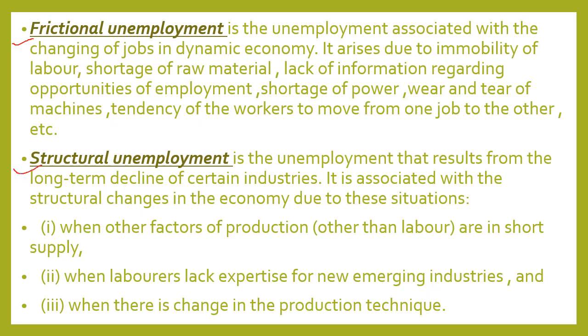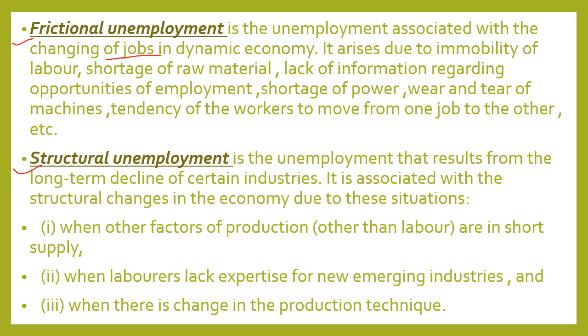Now, what is frictional unemployment? This is the unemployment associated with changing of jobs in a dynamic economy. So, whenever we change our jobs, for a short period of time we do not have a job, but we are willing to work and we are able to work, so that causes frictional unemployment.